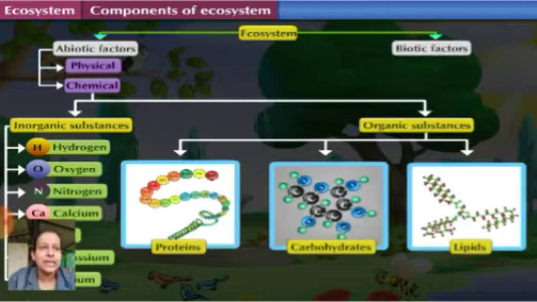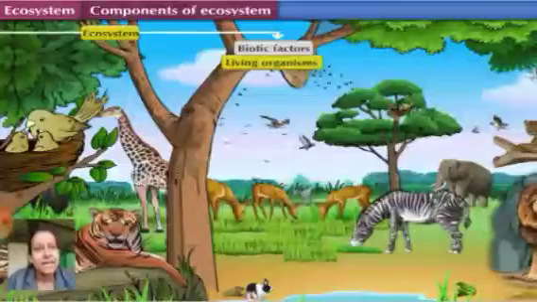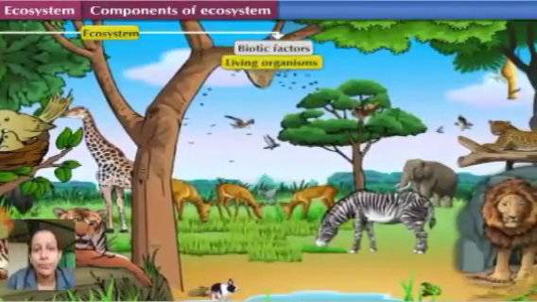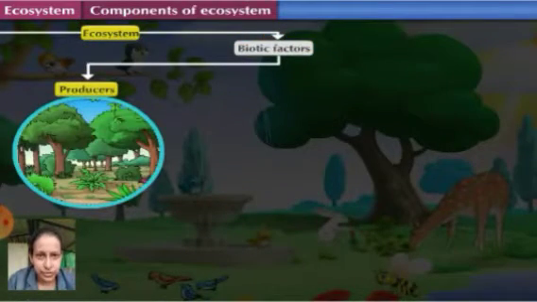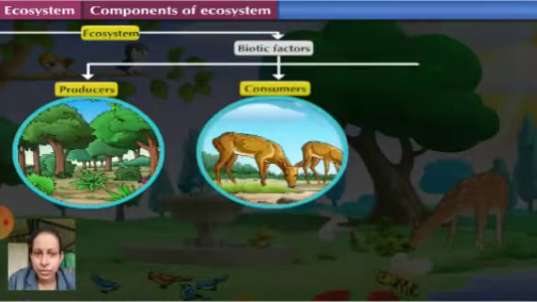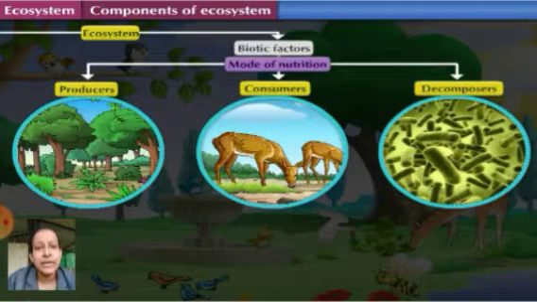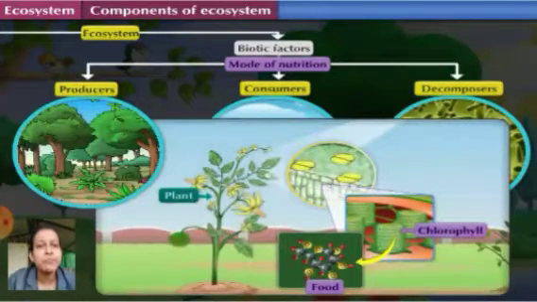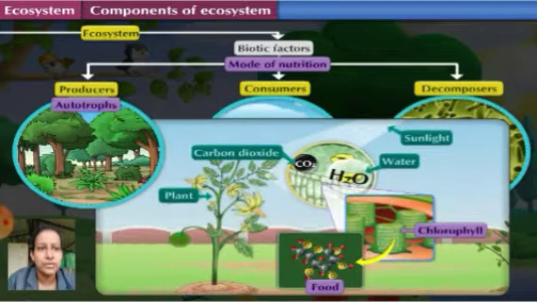Now let us see the biotic factors. Biotic factors are made up of all living organisms, and living organisms are again broadly classified into three different types: producers, second consumers, and third decomposers. The plants prepare their own food with the help of sunlight, carbon dioxide and water.